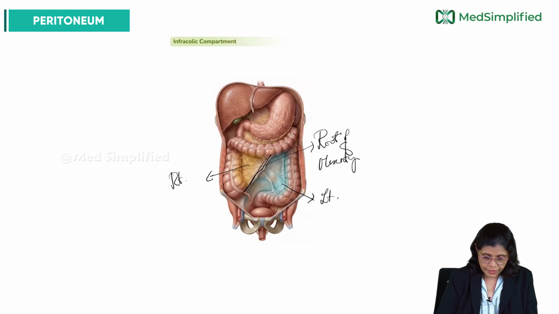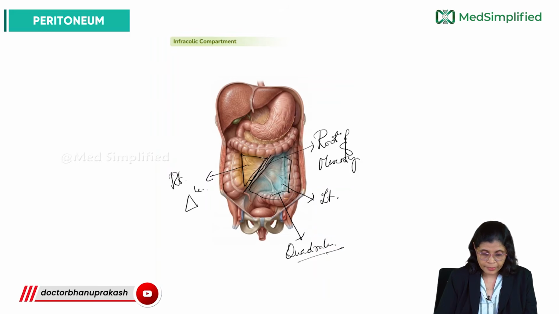The right infracolic is triangular, whereas the left is quadrangular in shape. The apex of the right infracolic compartment, since it is triangular, is just below the ileocecal junction. It is bounded on the right side by the ascending colon, above by the transverse colon, and on the left side by the root of the mesentery.